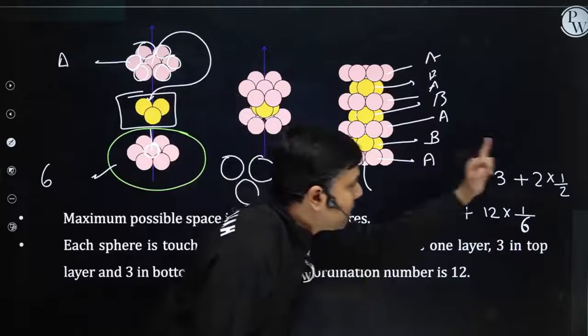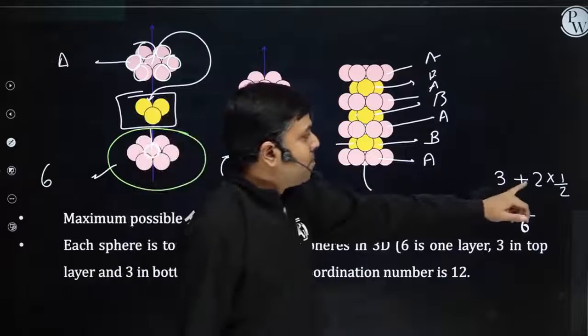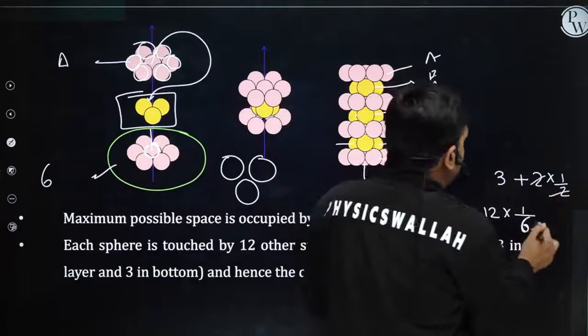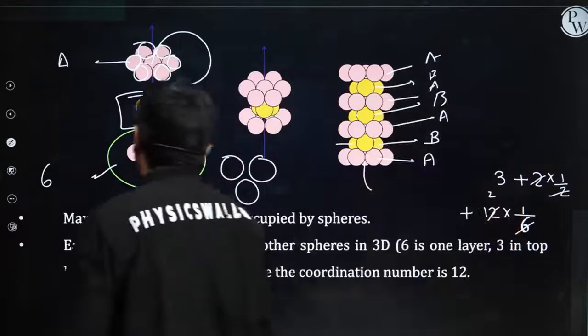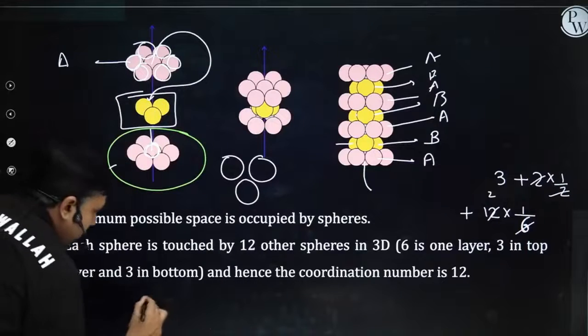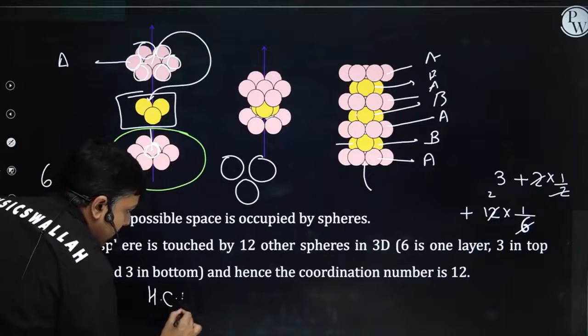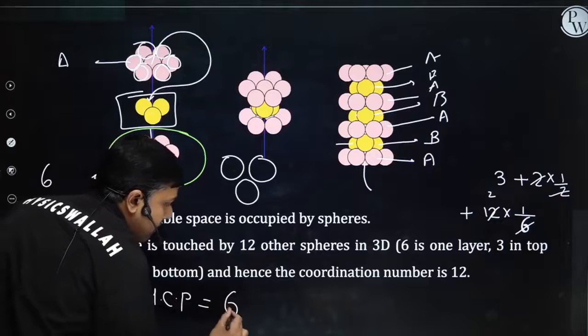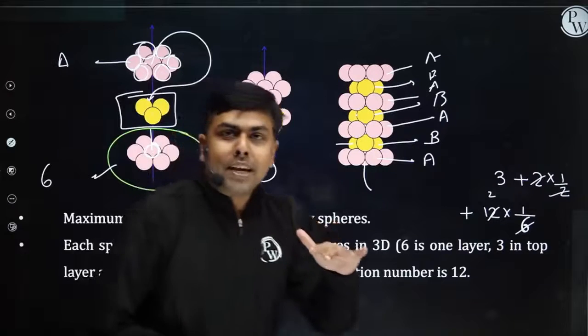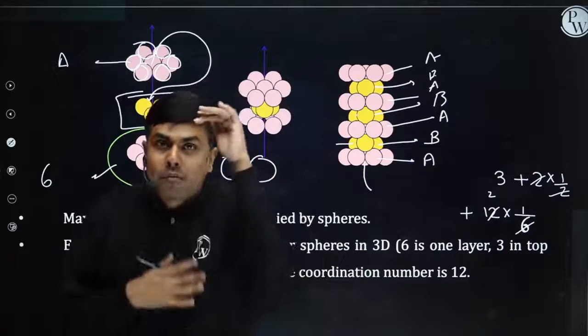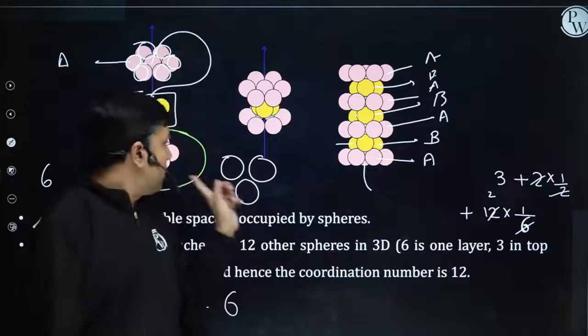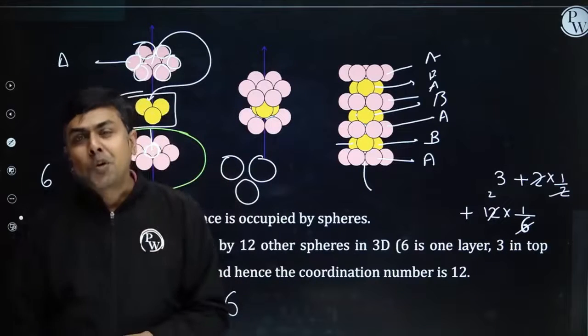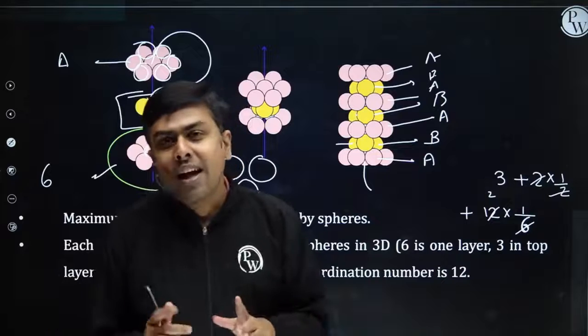So what's the Z effective you are getting here? 3 plus 1, 4, plus 2. What is the Z effective, students? In case of the HCP unit cell, the Z effective is 6. 3 from layer B, 2 into 1 by 2 from the central spheres, and 12 from the neighboring spheres. Am I clear?